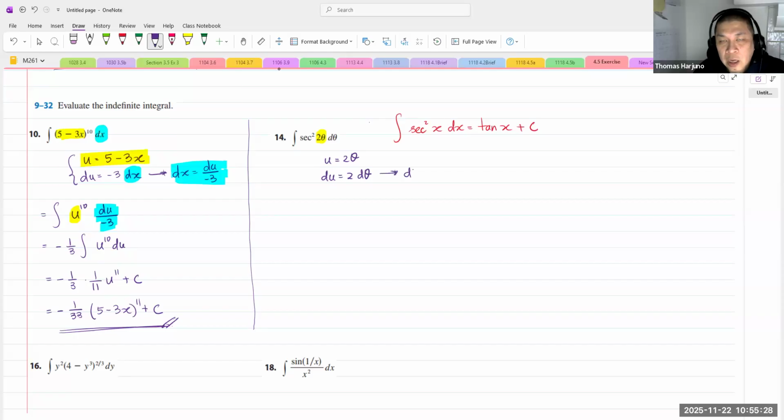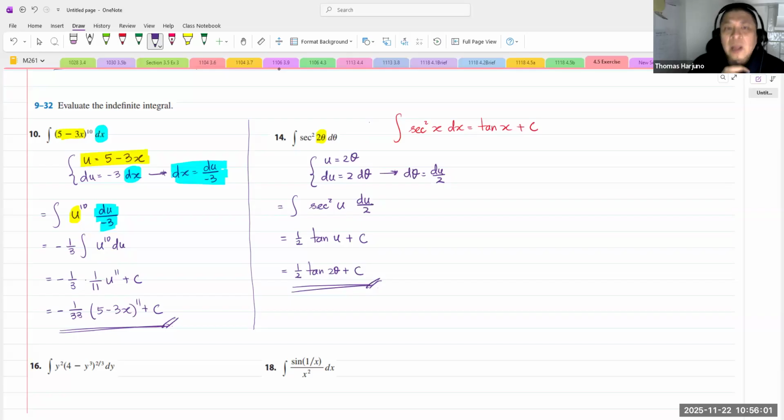Therefore, d theta later on will be substituted by du over 2. This becomes integral of secant squared u du over 2. That's 1/2. Integral of secant squared u is tangent u. Don't forget plus constant, right? That's 1/2 tangent of u, which is 2 theta, plus constant.